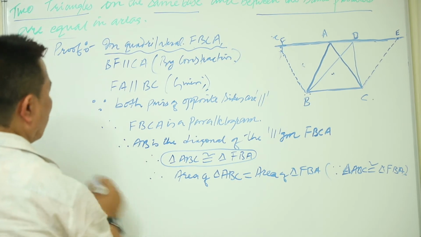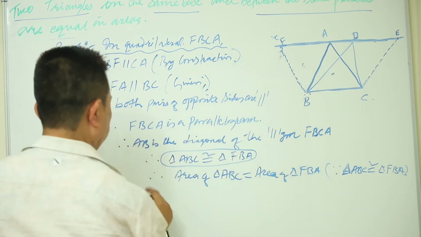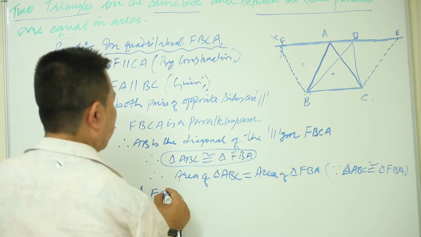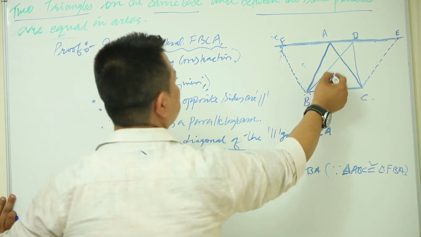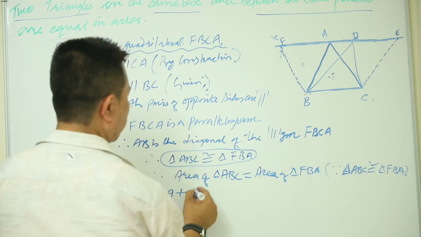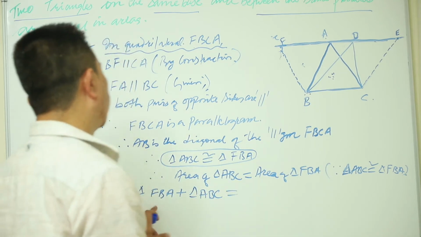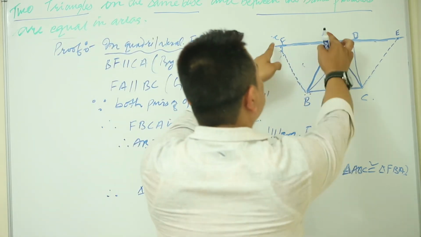So therefore, triangle FBA plus triangle ABC equals, these two triangles are parts of this parallelogram.